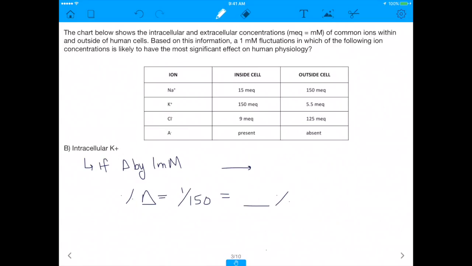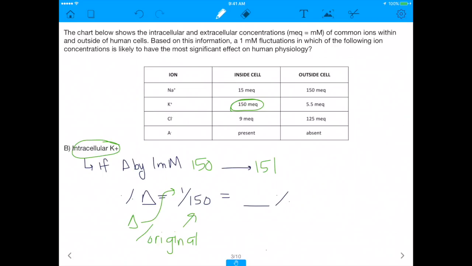So moving on, the next ion we want to analyze is intracellular potassium. You'll see that intracellular potassium is usually around 150. But now let's say it changed by 1 millimolar, so instead of 150, it was 151. Then the percent change would be the change, which was 1 millimolar, over the original, which was 150.